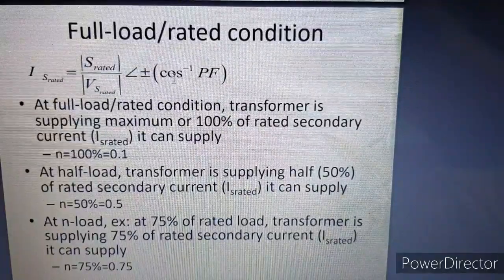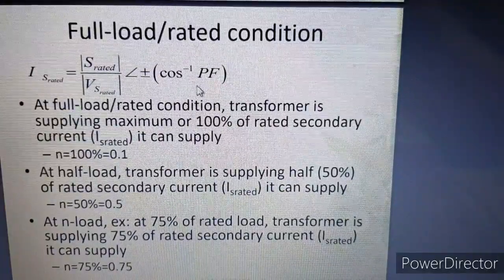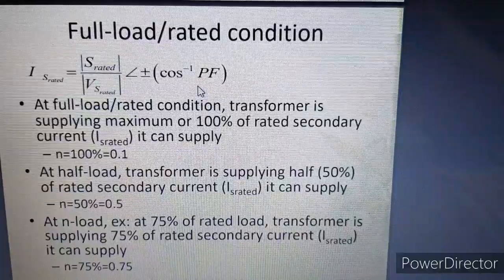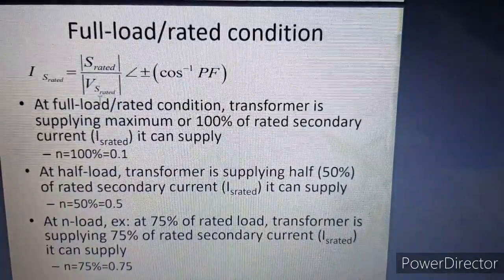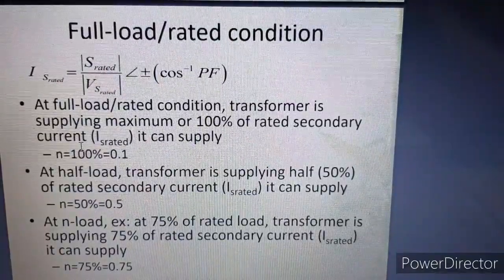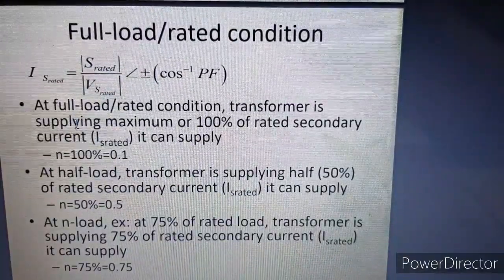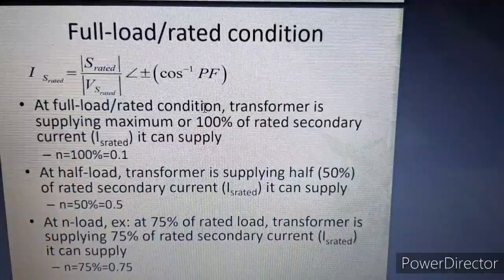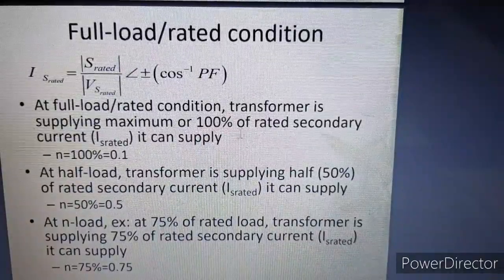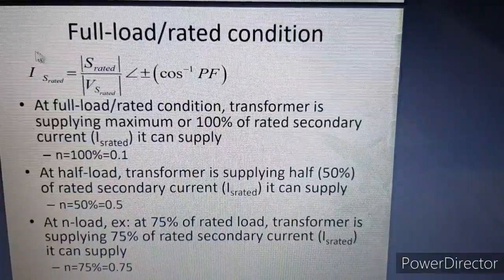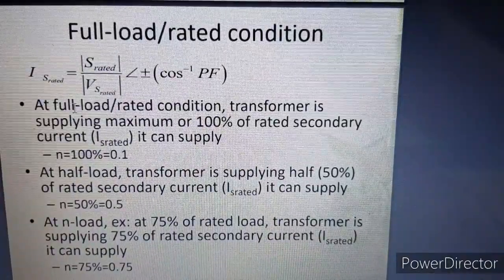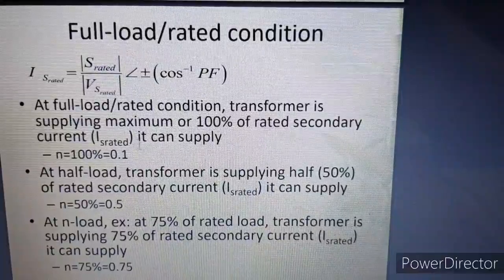If your transformer is operating at lagging power factor, the angle of current should be negative, and vice versa. You should know that at full load or rated condition, the transformer supplies maximum or 100% of rated secondary current, Is rated, from the above formula.